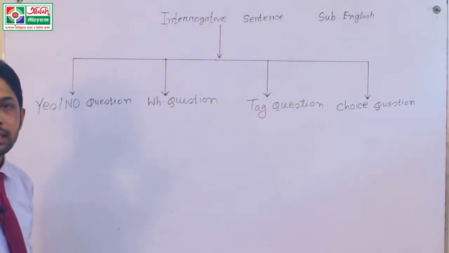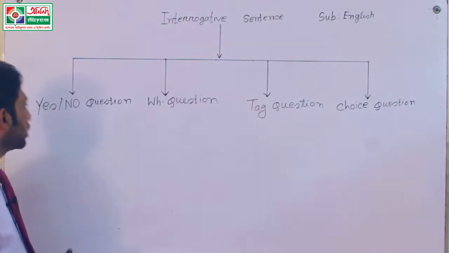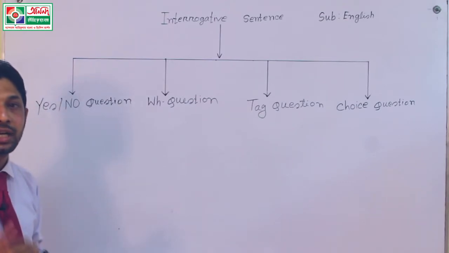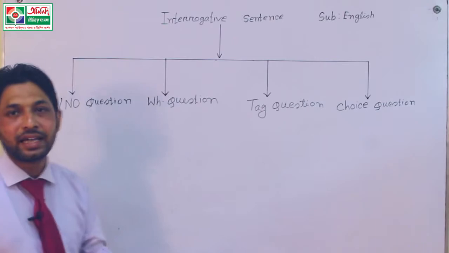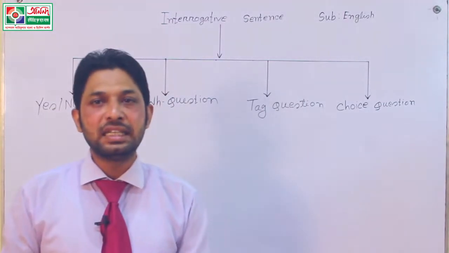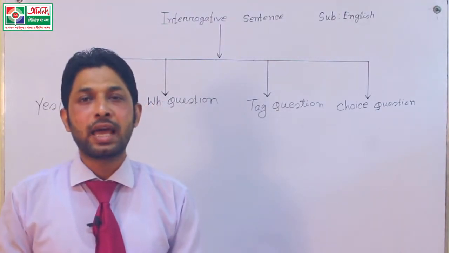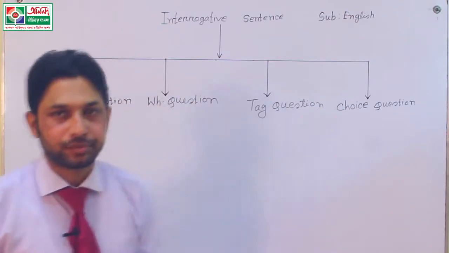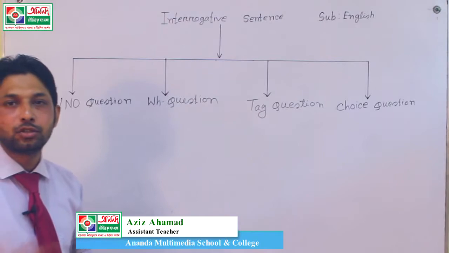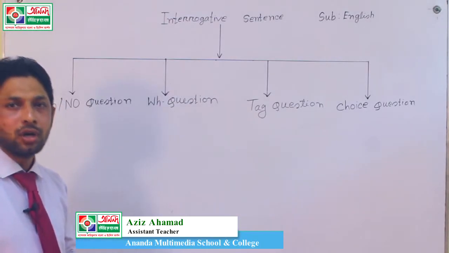Yes no question is the most basic type of question, and this question usually starts with an auxiliary or modal auxiliary verb like do, does, did, am, is, are, was, were, have, has, had, shall, will, can, could, may, might, etc. Now I am explaining to you how to make a yes no question.